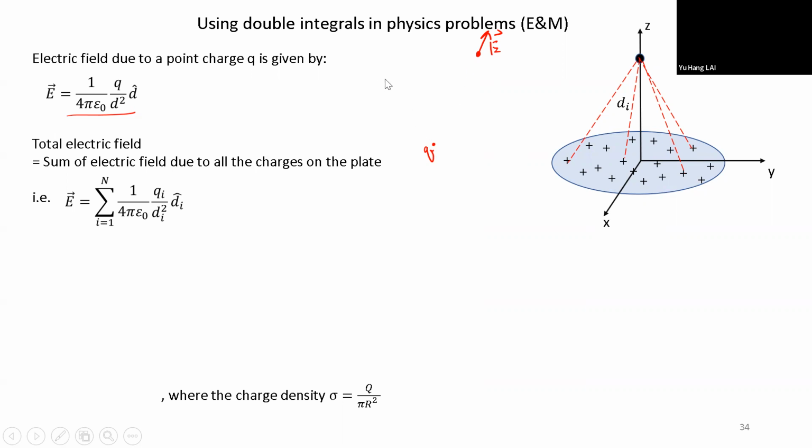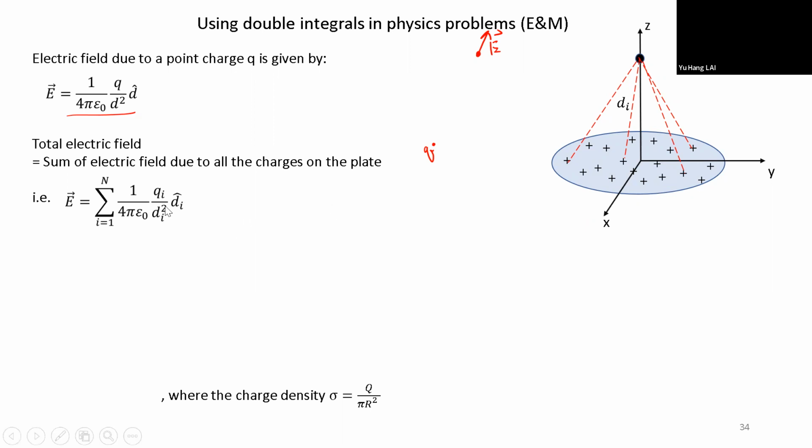But now that's the problem: I don't have one point charge. I have many charges on this plate. Basically, you need to consider the charges at all the small regions on the plate, calculate the electric field due to every small region, and then do a sum.